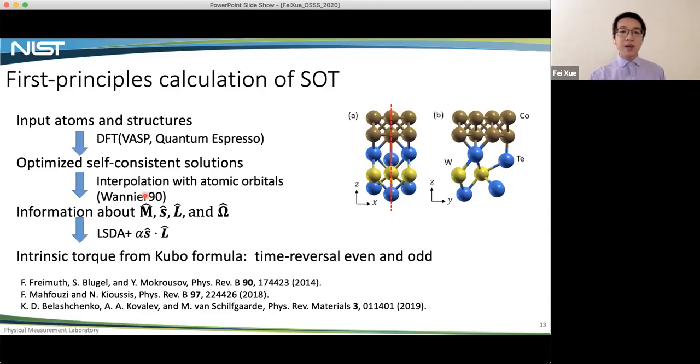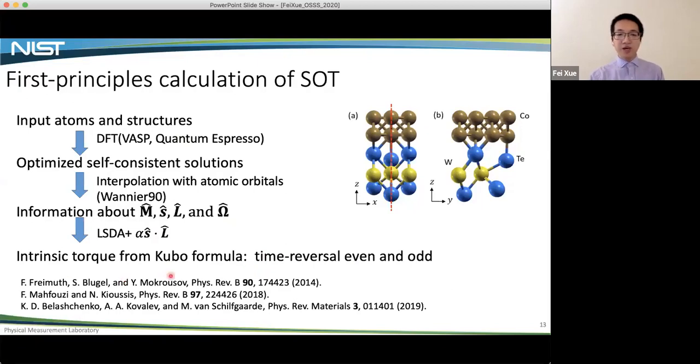With this tight-binding model, we can get all the information about different angular momentum reservoirs in this system. Then we can just use the standard Kubo formula to calculate the torque. We calculate both time-reversal parts, the even one and the odd one.